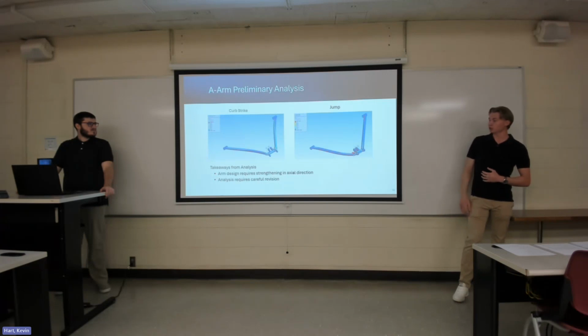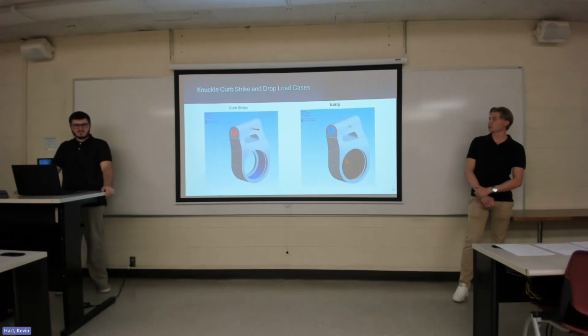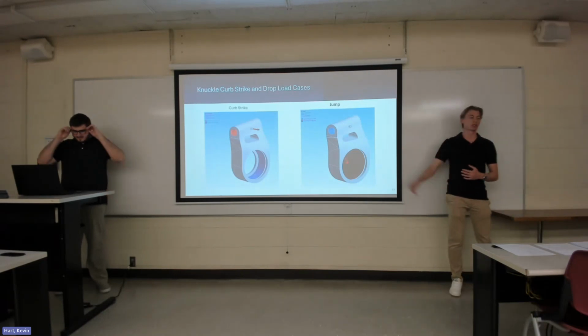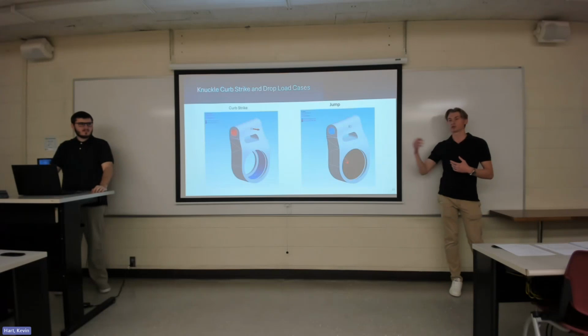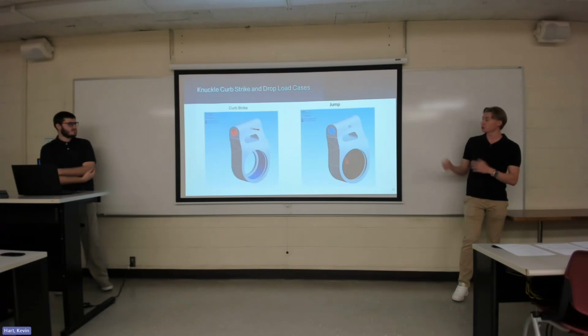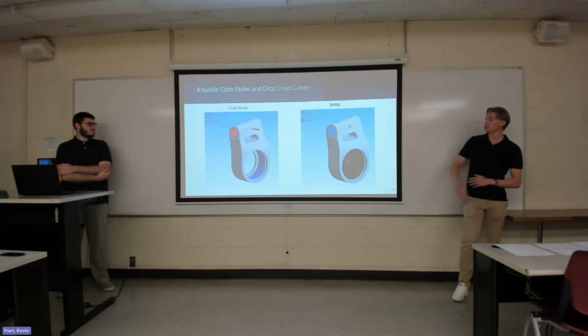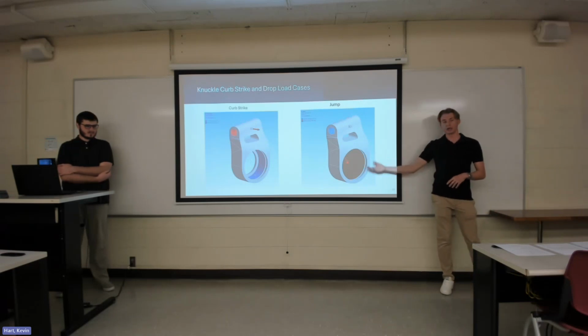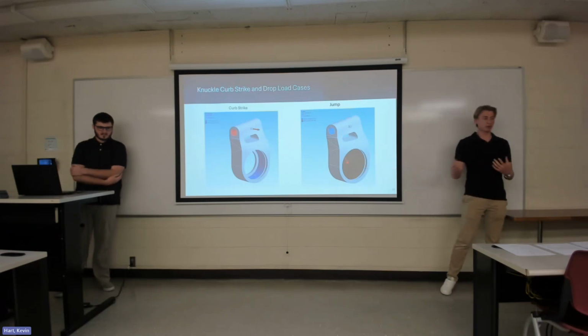So there's our A-arm, and then for the knuckle, we apply the same load cases. For the curb strike, we're now looking at the reaction force where that knuckle attaches to the A-arm, basically in the opposite direction. And for the jump, we're applying the jump force load through the hub, where it would actually transfer that force to the knuckle.